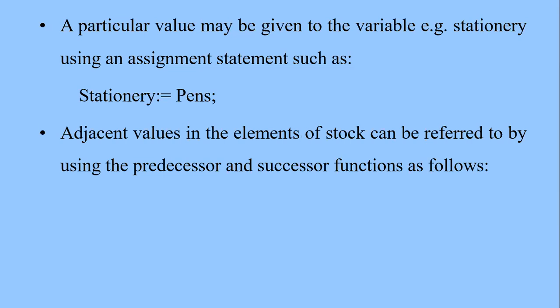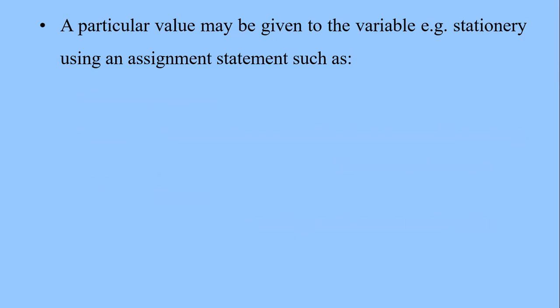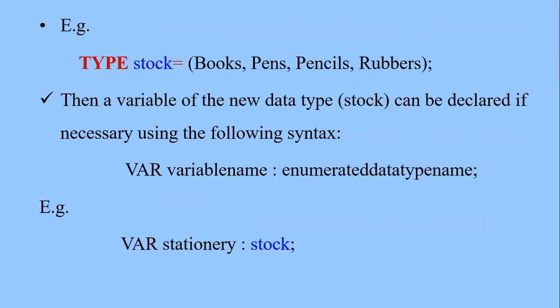Adjacent values in the elements of stock can be referred to by using the predecessor and the successor functions as follows. The predecessor of rubbers, or pred rubbers, would give us pencils as their value, just as you can see from our definition. We have books, pens, pencils, rubbers.